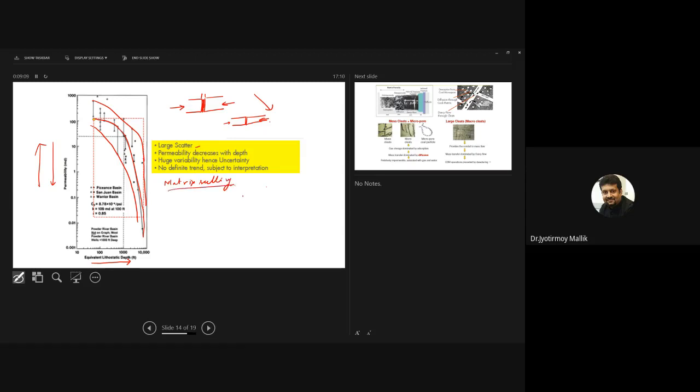So what happens at the initial stage of production? Suppose these are my coal matrix blocks, and the space in between is my cleat space. The cleat space will be completely filled with water before production. Now, by dewatering, what I'm trying to do is take the H2O out.